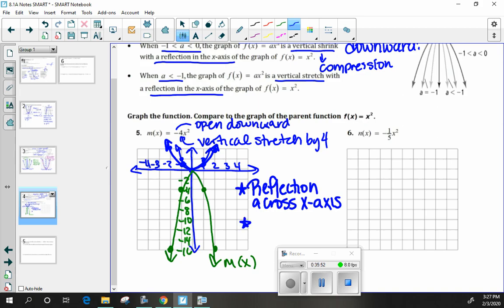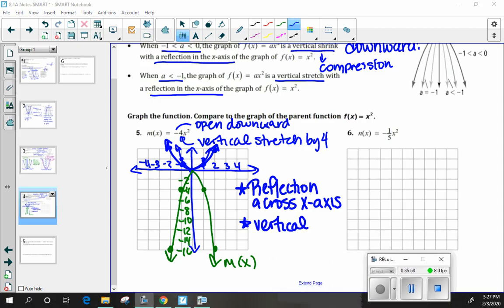The second transformation from the parent is that this is a vertical stretch, because it's narrower, by a factor. Okay, so we have a vertical stretch by a factor of 4 that made it narrower, and then the negative in front of that 4 made this reflect down across the x-axis.